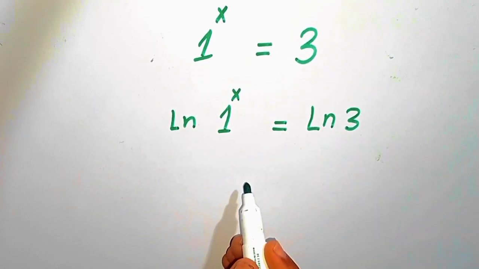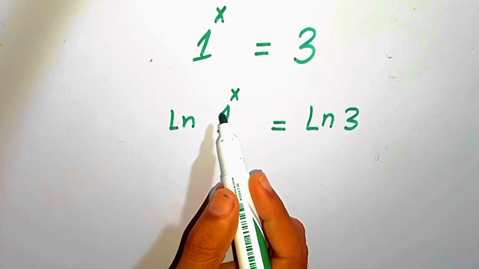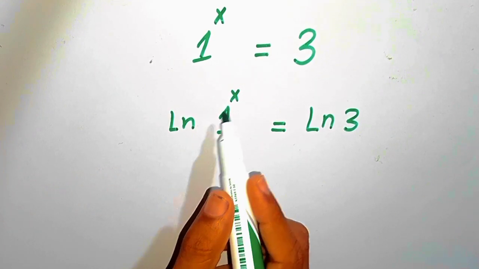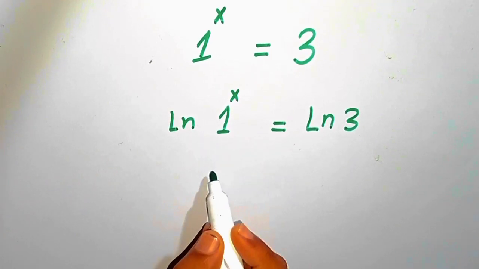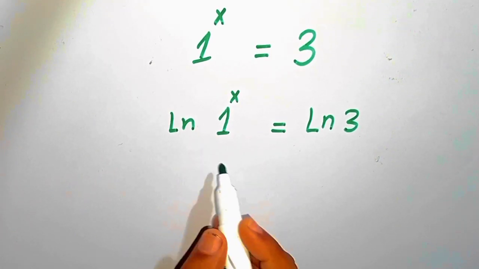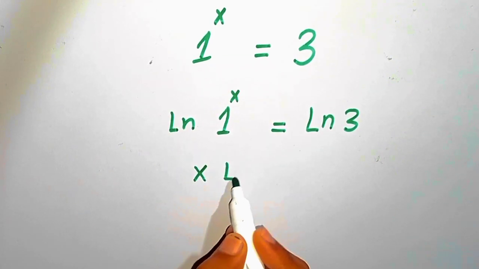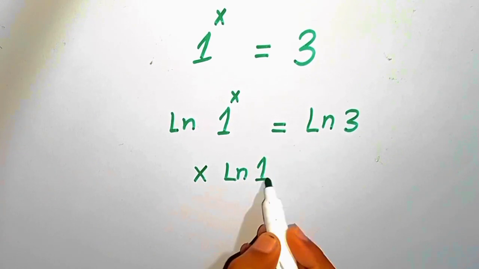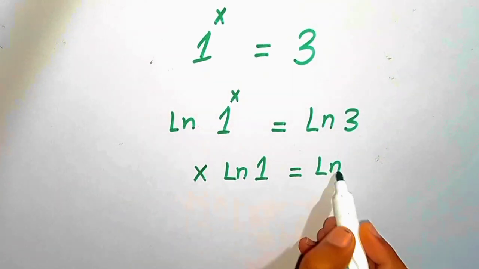In the second step, we know that the power in the natural log comes to the start. So this x comes at the start. Our next step is x ln 1 is equal to ln 3.